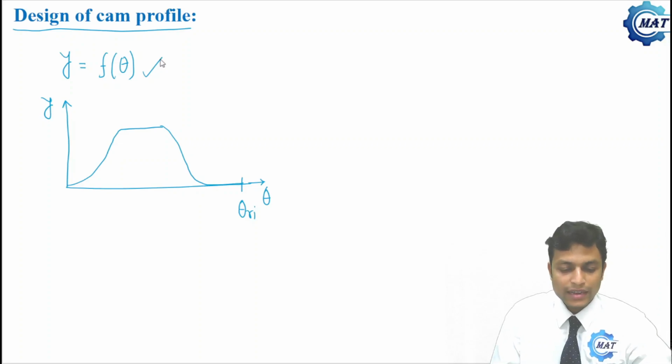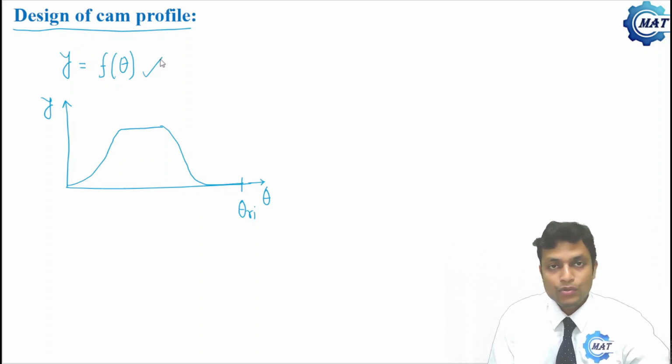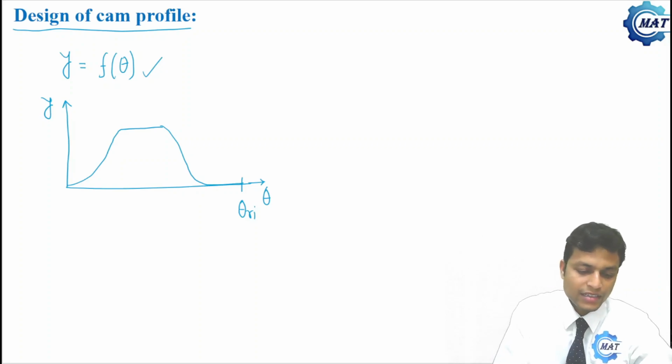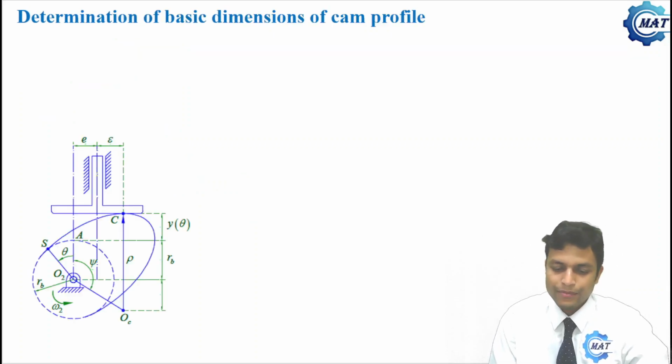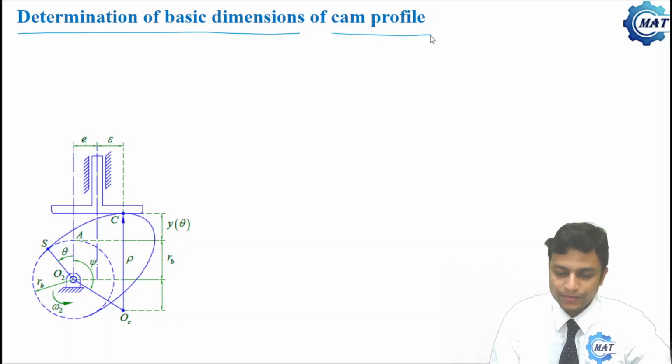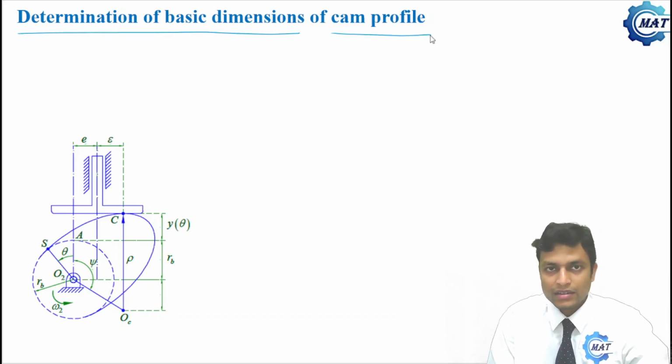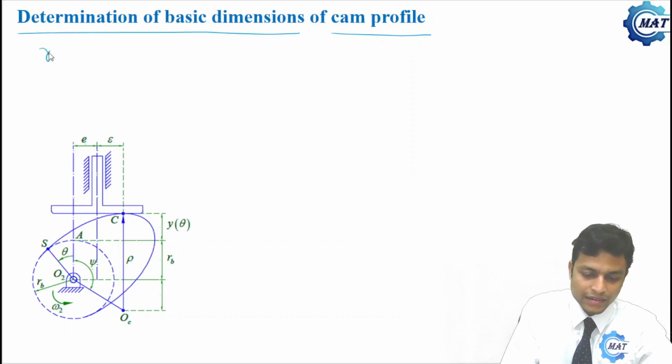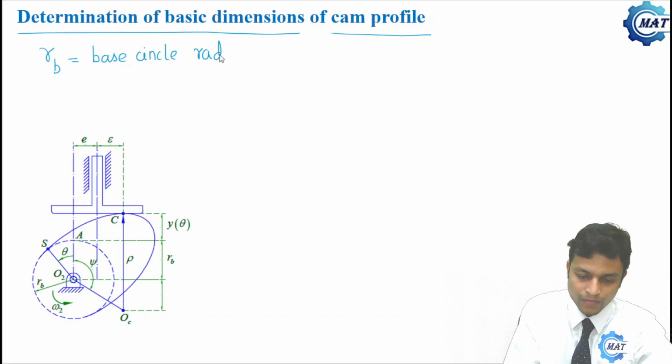So before designing the cam profile, we have to determine some basic dimensions of the cam profile. We know that the size of the cam depends on the base circle radius, that is RB. RB is the base circle radius.